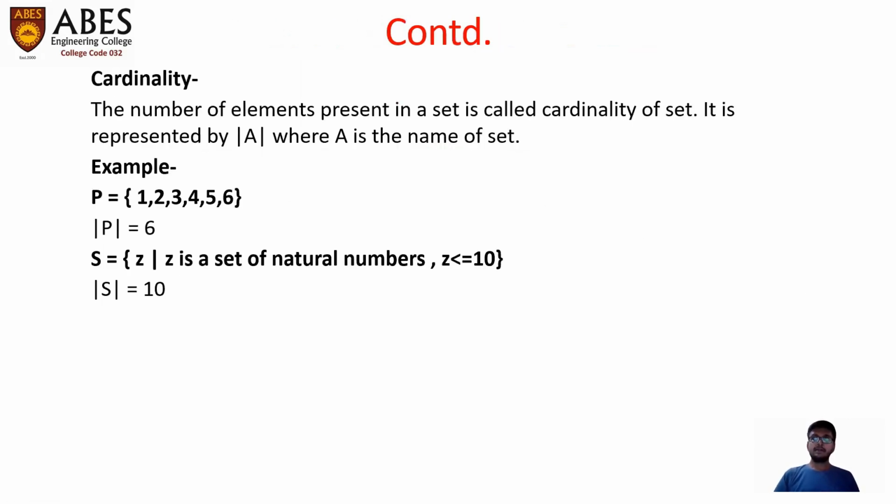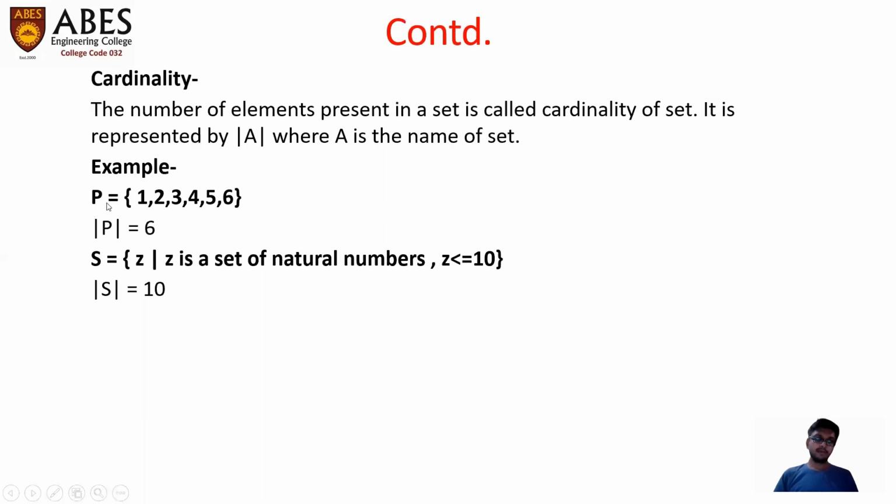Cardinality. This is a term used in sets. The number of elements present in a set is called the cardinality of the set. It is represented by the mod of A, where A is the name of the set.